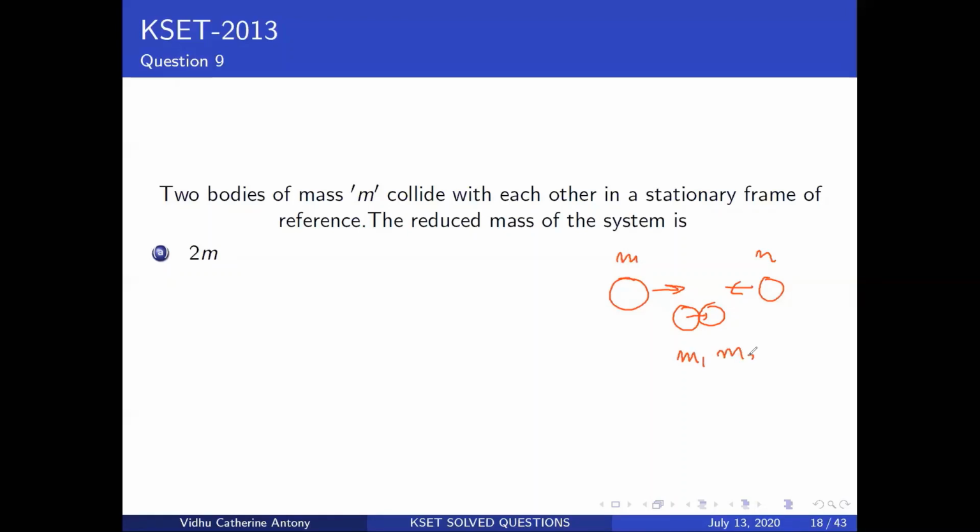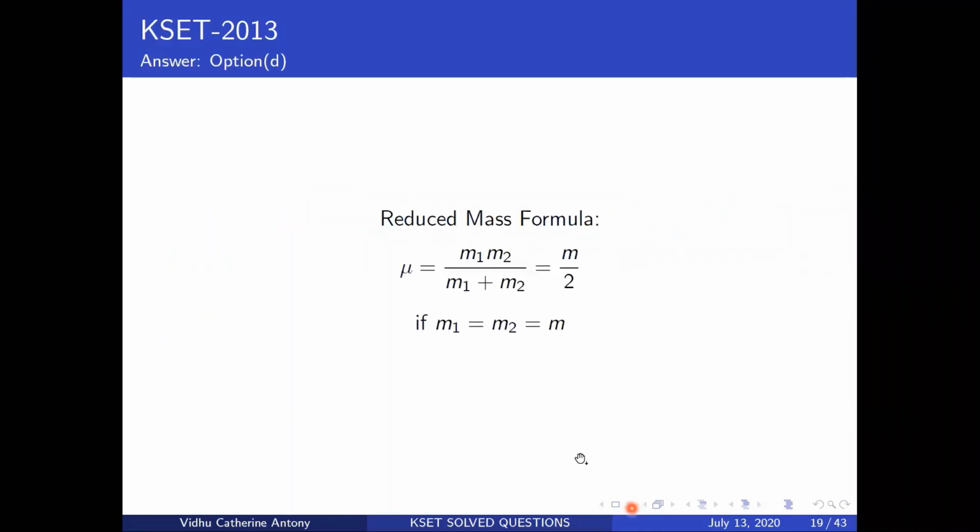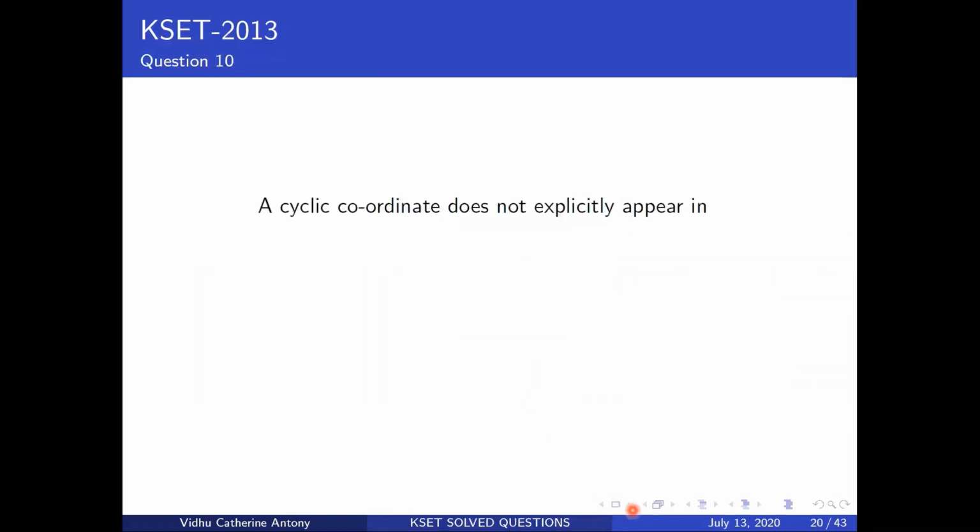That is m1 m2 divided by m1 plus m2, which is very simple. You just substitute m into m divided by m plus m, which is m squared divided by 2m, which is m by 2. Let's look at the options. You have an m by 2. So this is the reduced mass formula and it's been worked out.